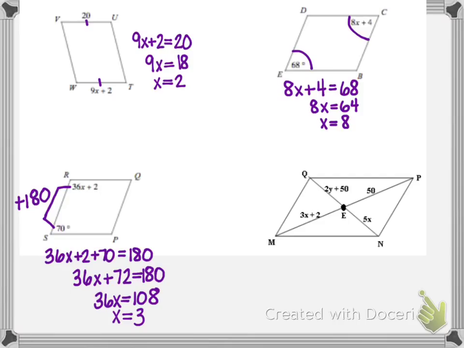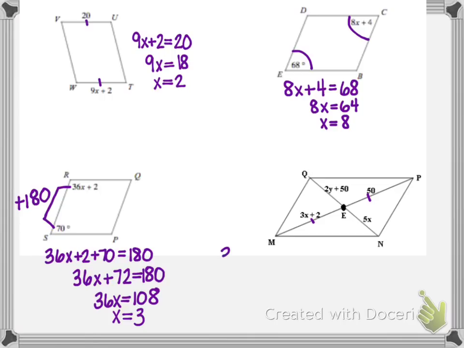All right, over here on this next one. So let's start with, since we're talking about diagonals, let's remember that diagonals bisect each other. So over here, 50 is on that diagonal of MP. So these two little bits, 3x plus 2 and 50, those two parts are going to be congruent.